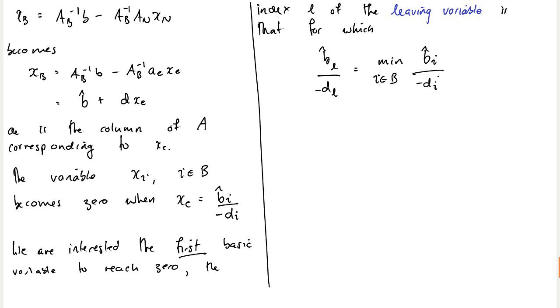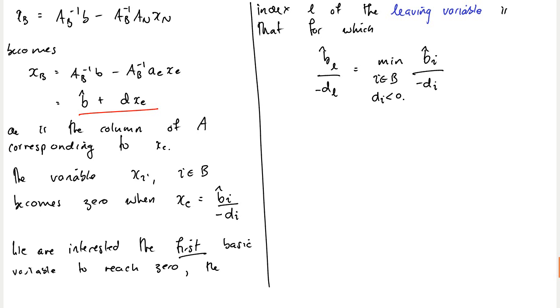Now there's actually one more restriction we have to place on this. If one of these di's is not negative, just look back at this equation over here, the relevant xb entry is only going to be heading towards 0 if the di term is negative. If we increase xe, the corresponding xb variable is only going to go towards 0 if this term is decreasing. If it's increasing, we can increase it however much we like and we're never going to make xb equal to 0.